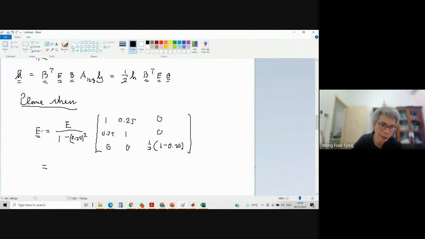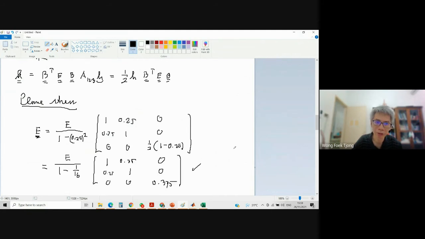So this is a matrix and this is a scalar. I use a double line to mean matrix. E over 1 minus 1/16, which is 15/16, times the matrix with 1, 0.25, 0 in the first row, 0.25, 1, 0 in the second, and 0, 0, 0.375 in the last.